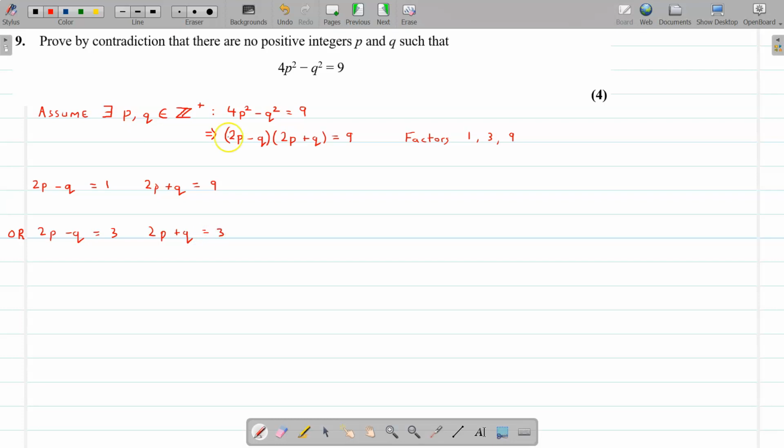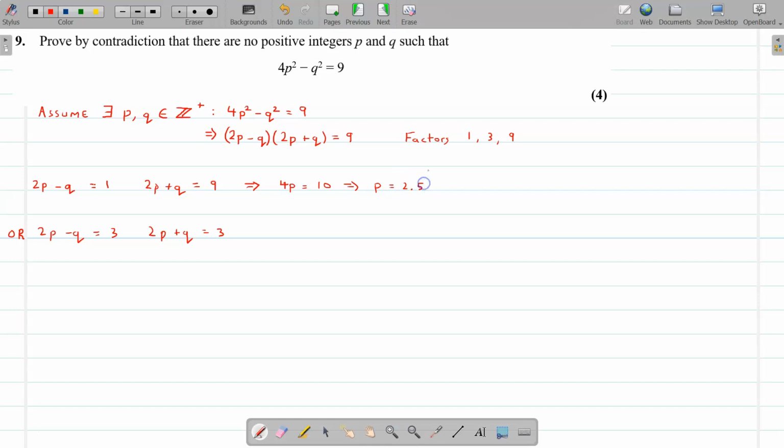All right. Now, if we take the first example, that would mean that if we tried to solve those two equations simultaneously, we would add them together to eliminate q, and it would give us that 4p equals 10, which would imply that p equals 2.5.